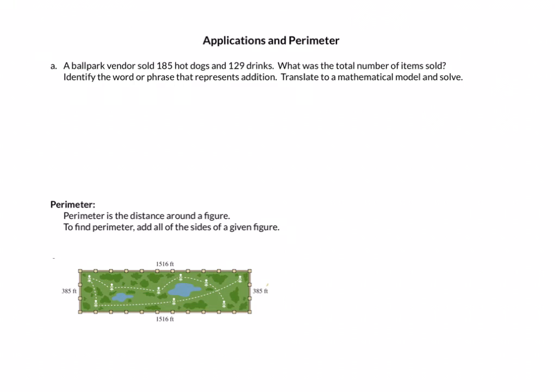Well, in general, when you see phrases like total, that is a word that can mean addition, if that's what you're looking for. If you were given the total, then it's not. But if you are looking for the total, it is. So this is an addition problem.